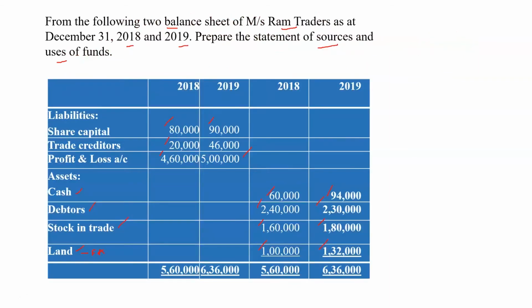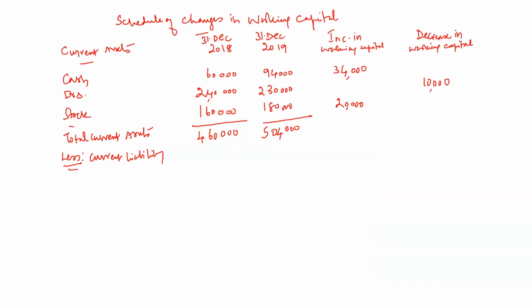So let us now check the question for current liability. Share capital is your permanent capital, your long-term liability. Profit and loss account is the result made from your business, whereas creditors are your current liability, which has increased from 20,000 to 46,000.